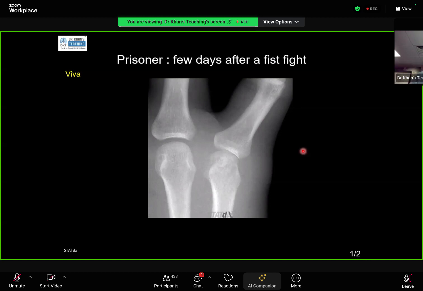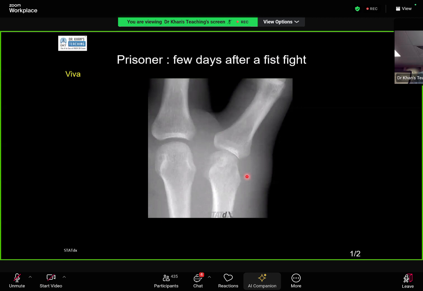Basically what is happening is that if you see here, there is loss of definition of the head of the metacarpal, and one can argue that there might be subtle erosion here. With that, there is loss of joint space. The key finding in osteomyelitis is loss of joint space.